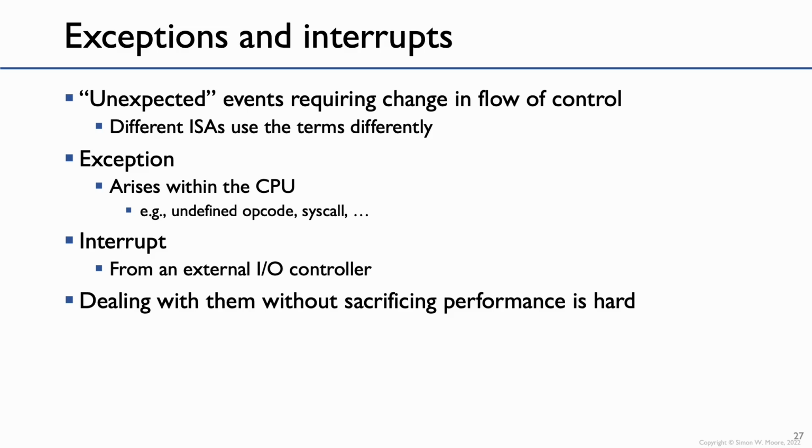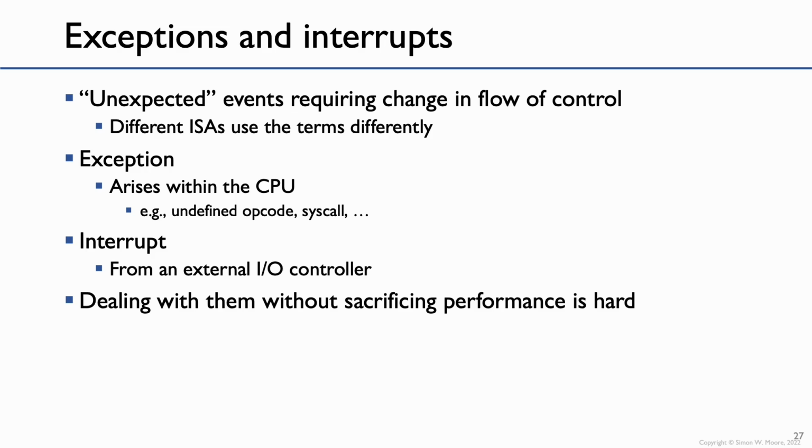Exceptions do arise within the CPU, and they tend to be things like division by zero if you've got a divide unit, or an undefined opcode. But we can also have what are called software exceptions, so something like a syscall. An interrupt, on the other hand, typically comes from some external I/O device or some sort of timer.